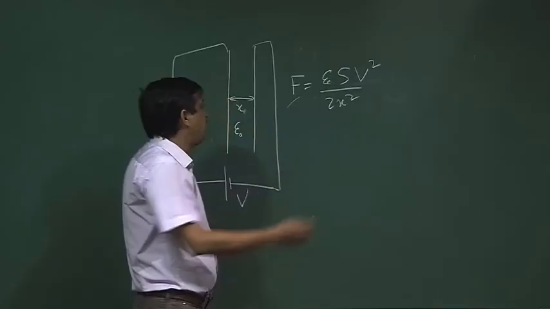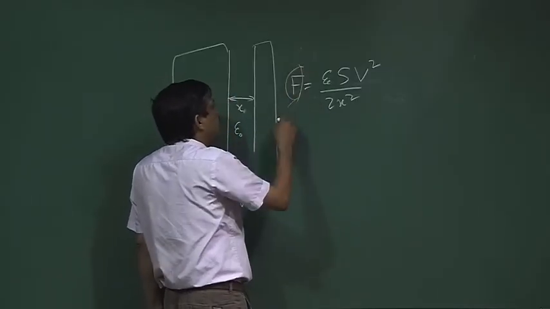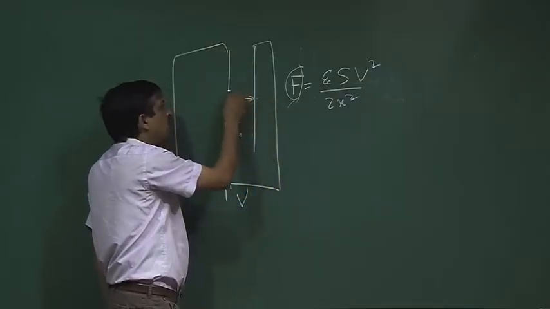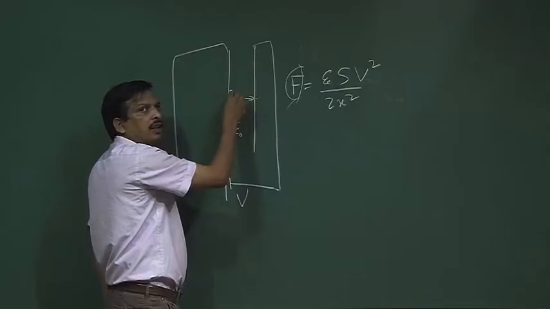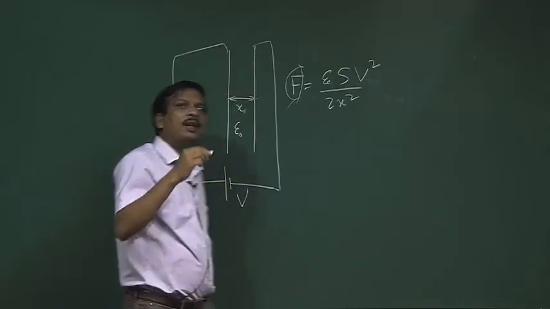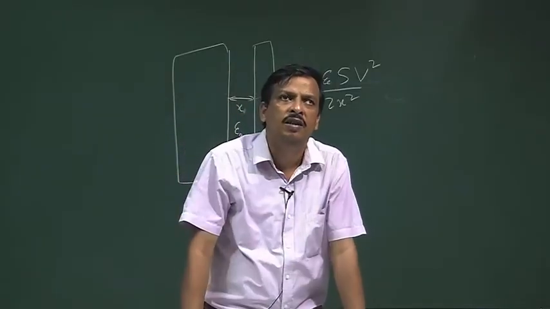Okay. So, this converts electrical energy to mechanical energy. Similarly, if I apply a force on one of the plates, the distance will change and a voltage will be induced. Then I can say the mechanical force is converted to an equivalent electrical voltage.